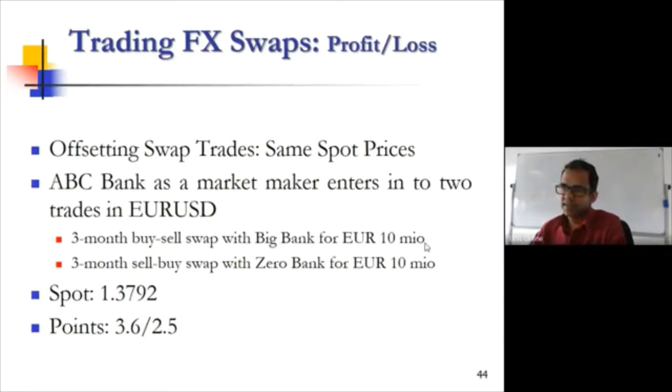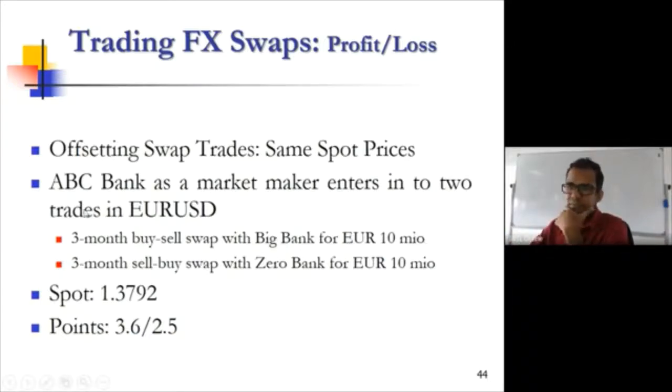ABC Bank enters into a 3-month buy-sell swap on euro 10 million. Near leg, ABC Bank buys euro, and far leg, ABC Bank sells euro.